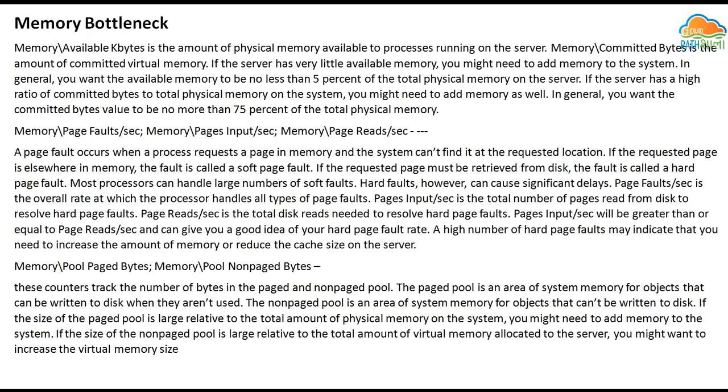To overcome all those situations and analyze this data, the counters we can set are memory page faults per second, memory page input per second, or memory page read per second. Once you have those counters and generate the graphs to read the data, if the requested page is elsewhere in memory, the fault is called a soft page fault.